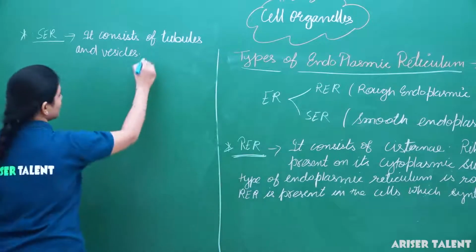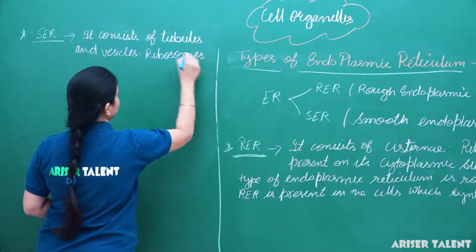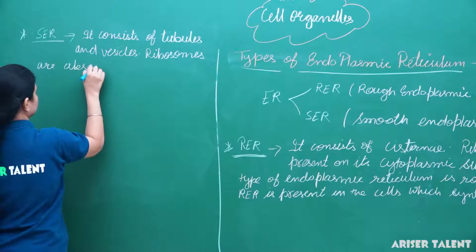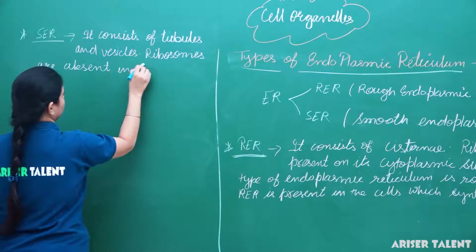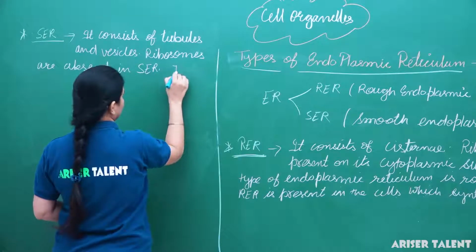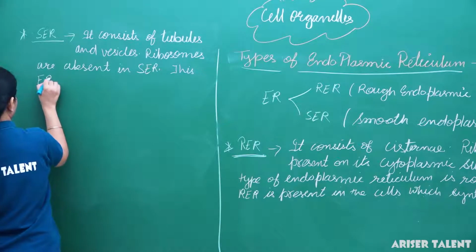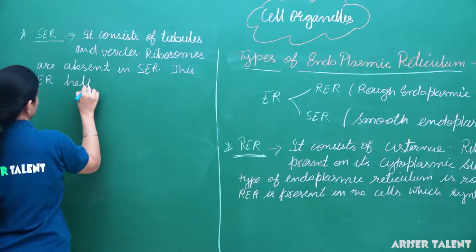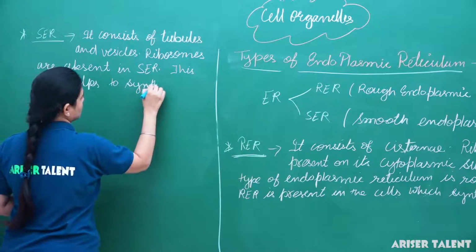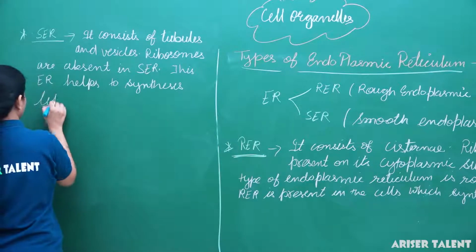So here we can mention ribosomes are absent in smooth endoplasmic reticulum. This endoplasmic reticulum helps to synthesize lipids.